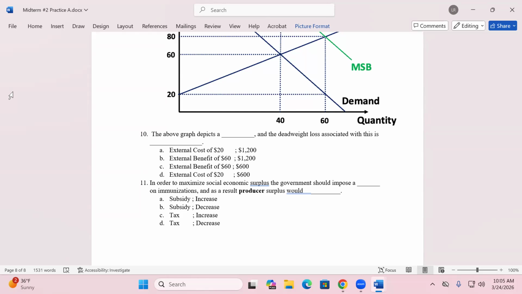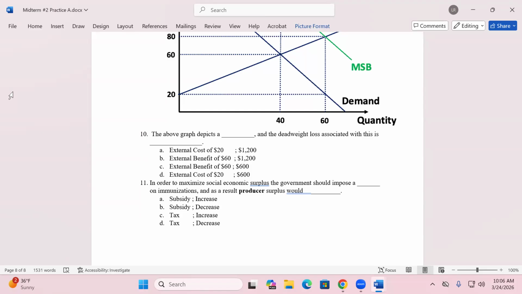Now, if I didn't use the tax, where does my deadweight loss come from to society? Well, if the market is out here, every additional unit in this range, what is true about the marginal social cost relative to the marginal social benefit? My costs are greater.